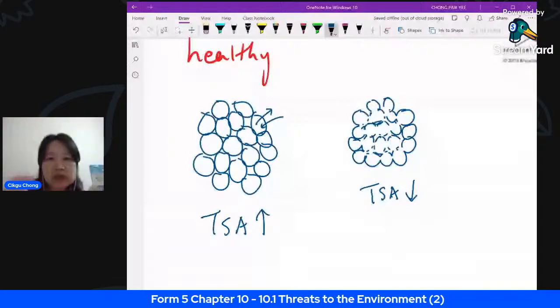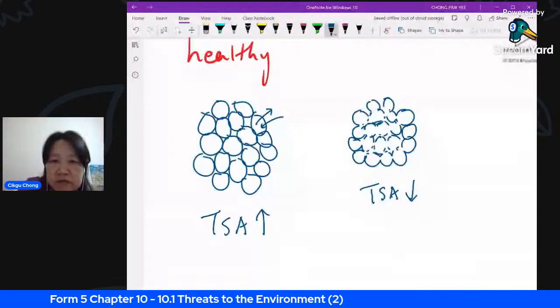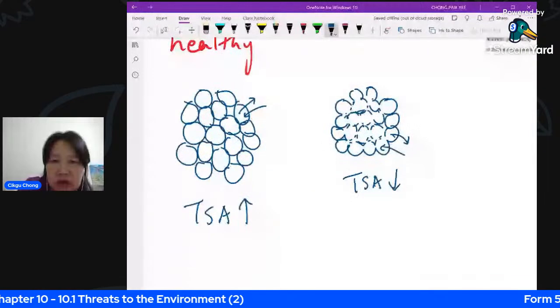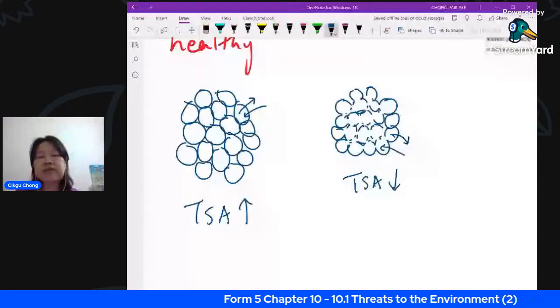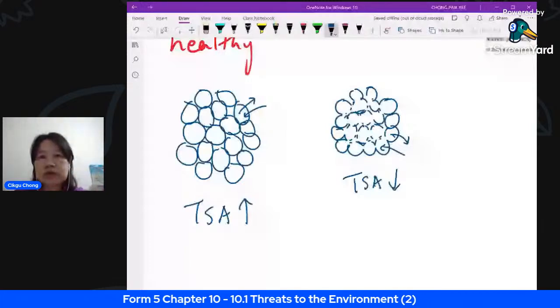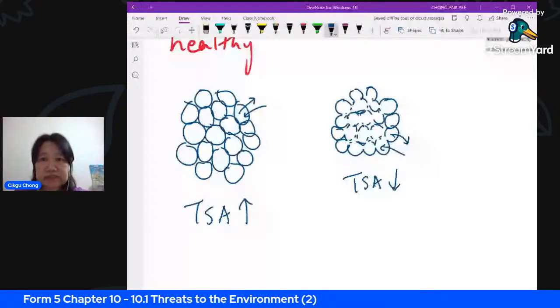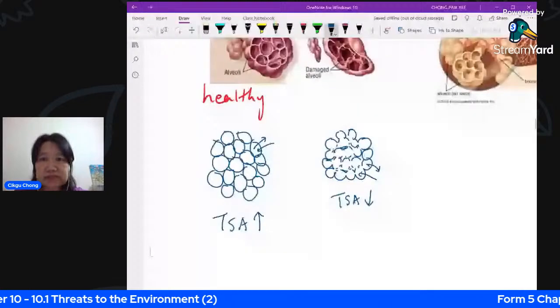So the rate of diffusion of oxygen coming in and carbon dioxide going out will be less. Therefore, the person can be breathing, but has difficulty getting enough oxygen. You'll find breathlessness.